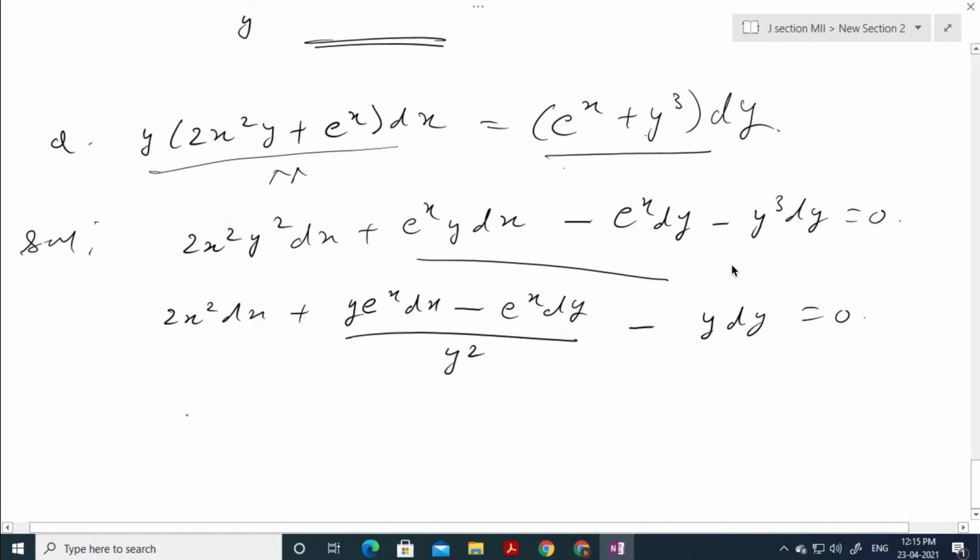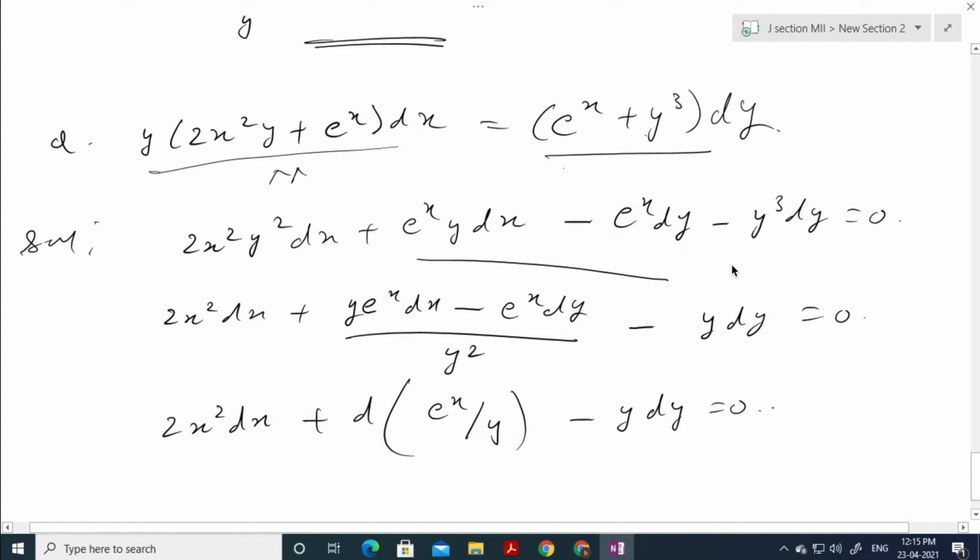Now this whole thing is nothing but 2x square dx. The second term can be written as d of e to the power x by y, so y square in the denominator, numerator will be y e to the power x dx minus e to the power x dy, minus y dy is equal to 0.